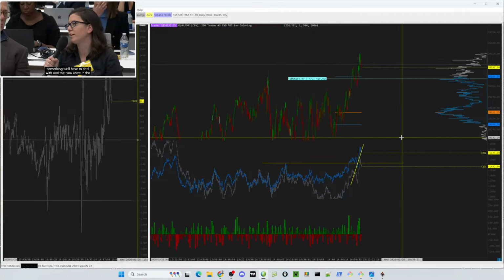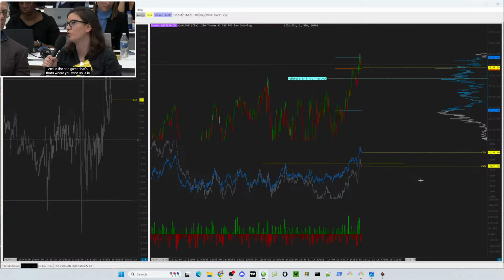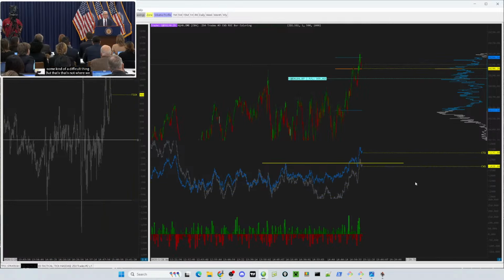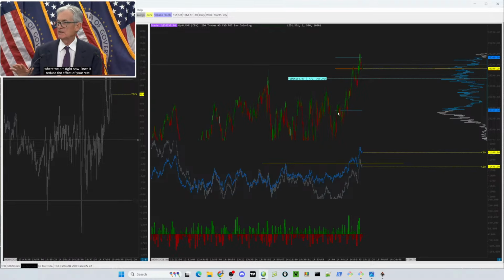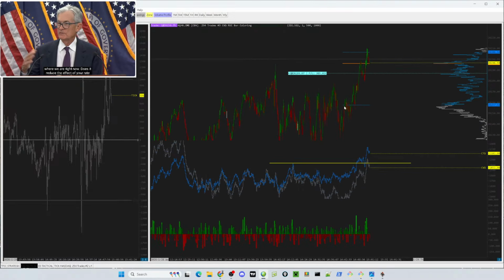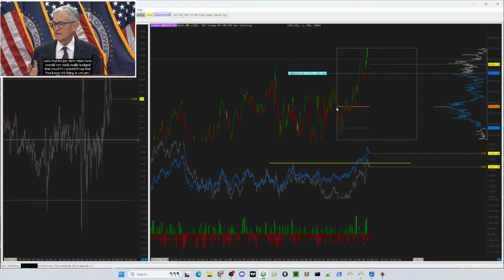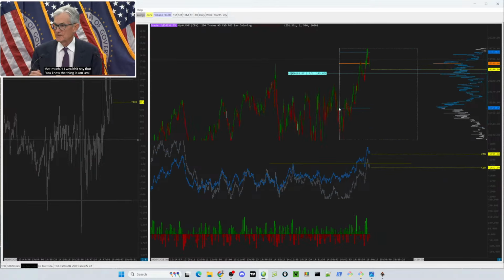Does it reduce the effect of your rate cuts that longer-term rates have overall not really budged that much? I wouldn't say that. Many things move longer-term rates, but it's mostly not what happens on the short end.